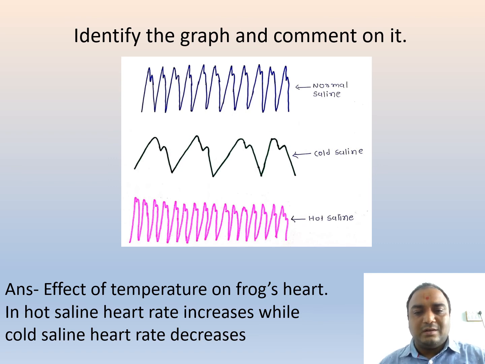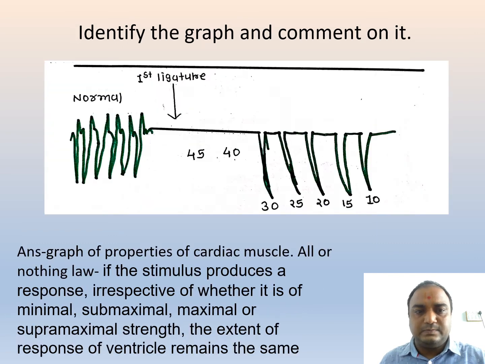So compared to normal saline, when hot saline is added there is an increase in the heart rate, but when we add cold saline there is a decrease in the heart rate. This is a simple explanation. The graph shows the effect of temperature on the frog's heart, or frog's cardiac muscle.